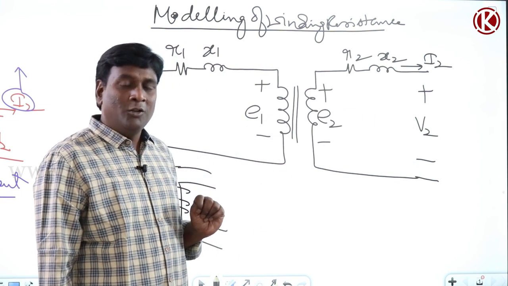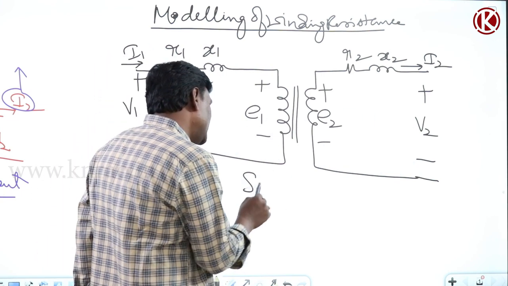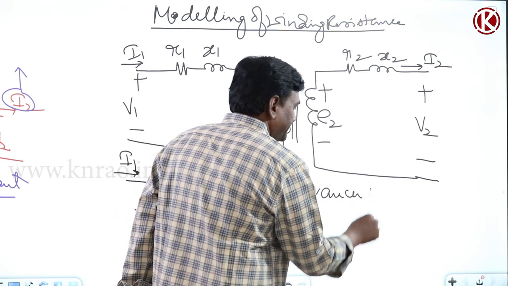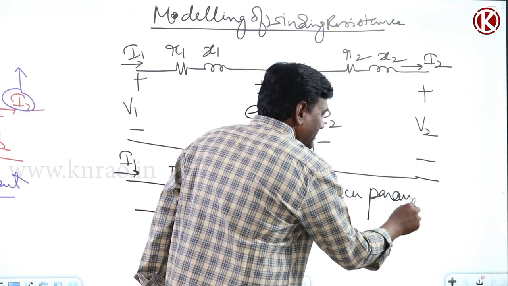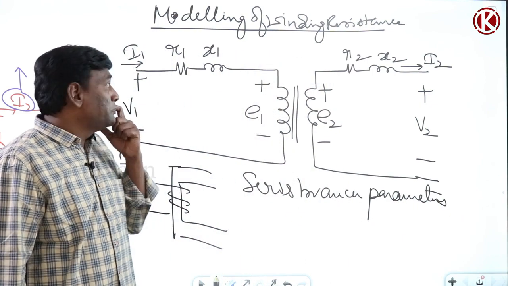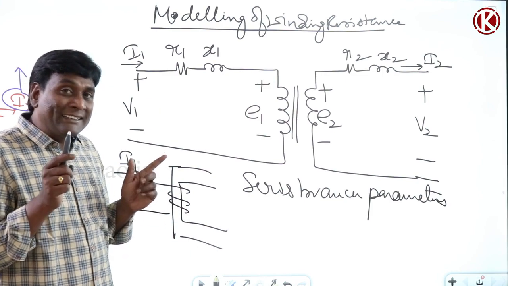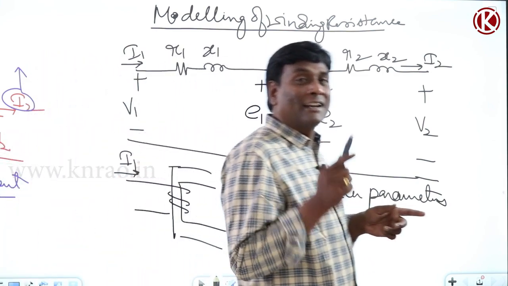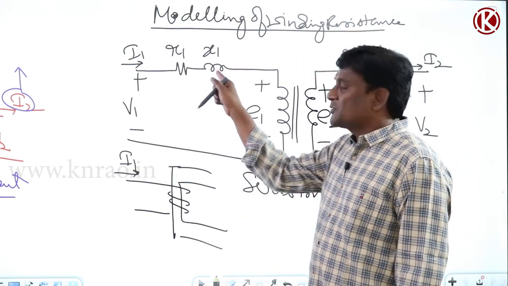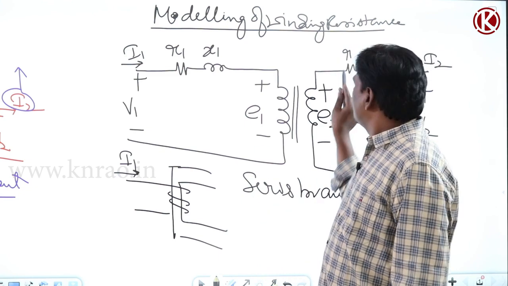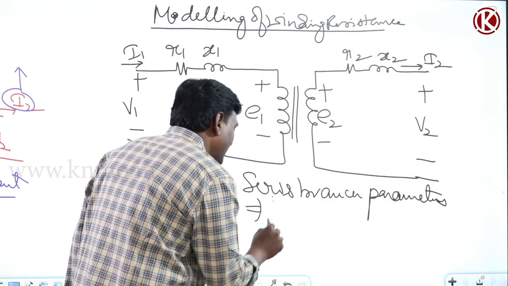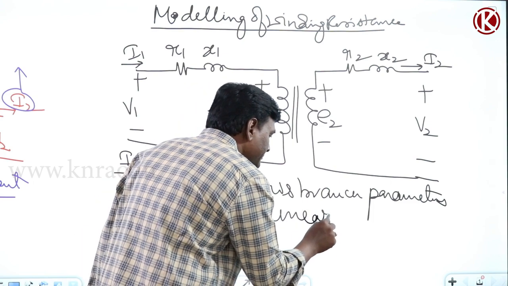Now we can conclude one thing: these are series branch parameters, because the same current is flowing, so we call them series branch. Basically R1 is showing electrical resistance of an electrical conductor for which Ohm's law is valid. So is R1 linear or not? Yes. X1 leakage is linear, we discussed a lot. So R2, X2 will be linear. So series branch parameters are linear.